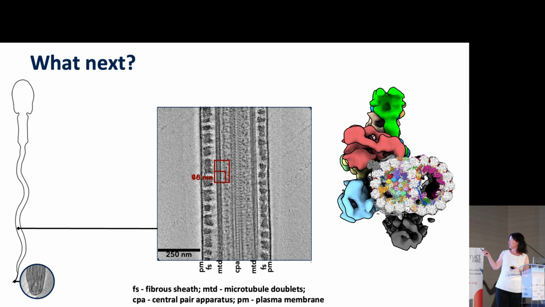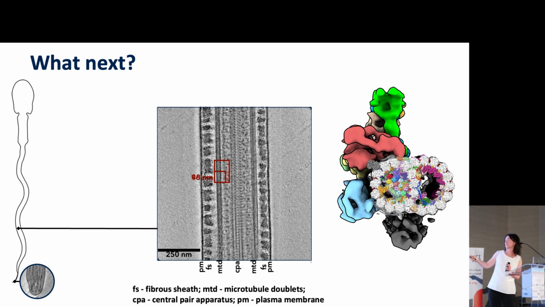Okay? So we went about going for this one, but the problem, as I mentioned already, is that we have different repeats along the axoneme. The proteins that I just showed you repeat every 48 nanometers along the axoneme. So I put here this box.